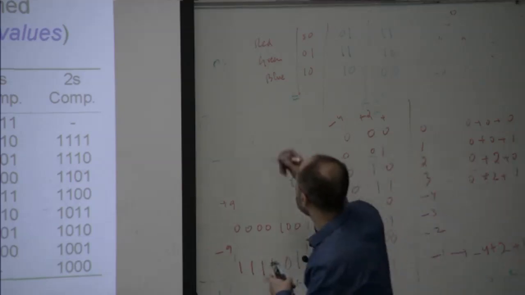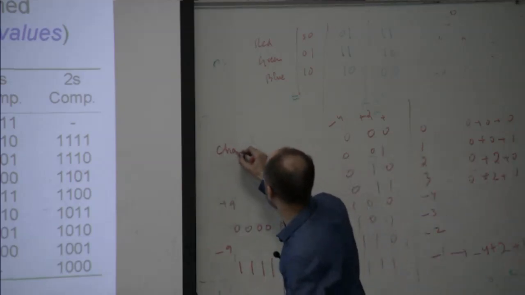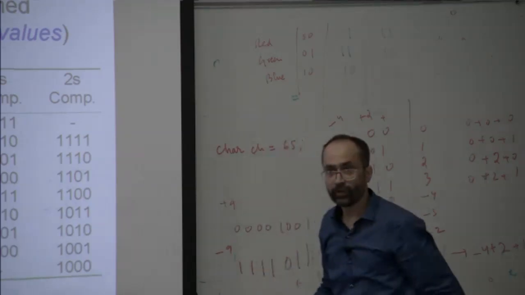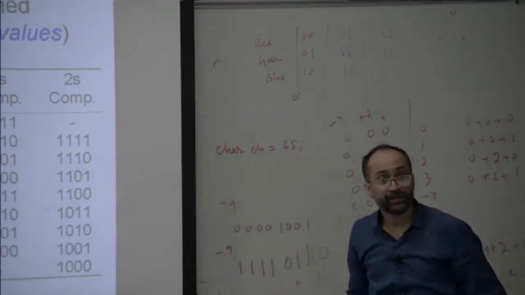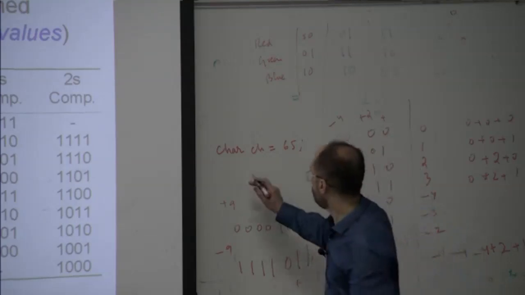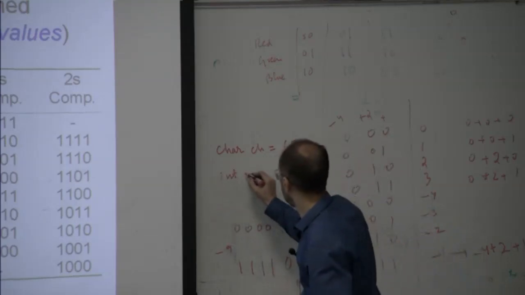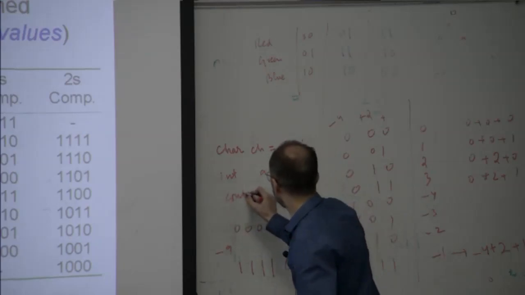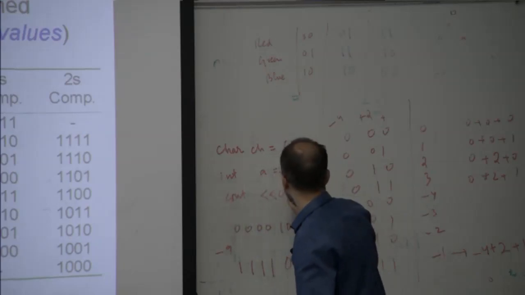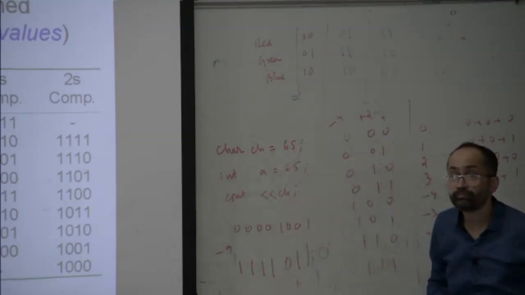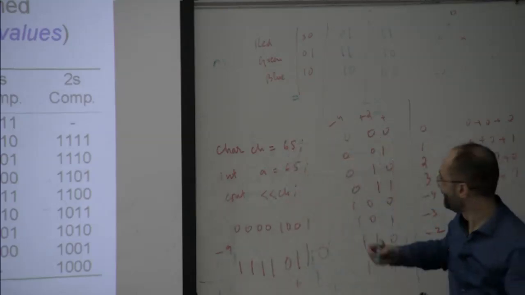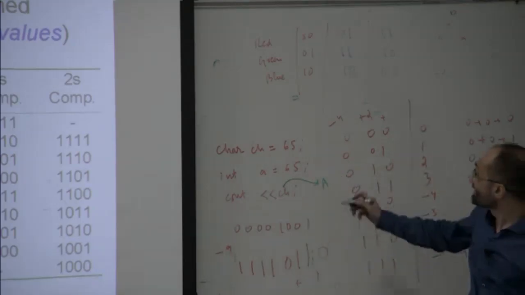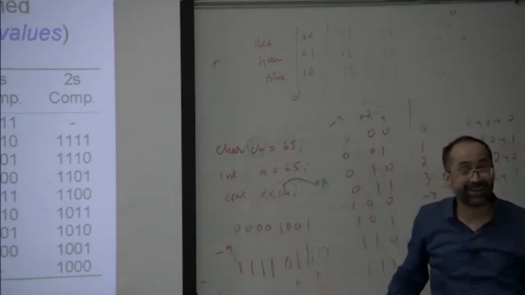Let's assume that we have the character CH equal to 65, and int A equal to 65, and if we say cout CH, what will it display? No, it will display A. Because what is the type of CH?